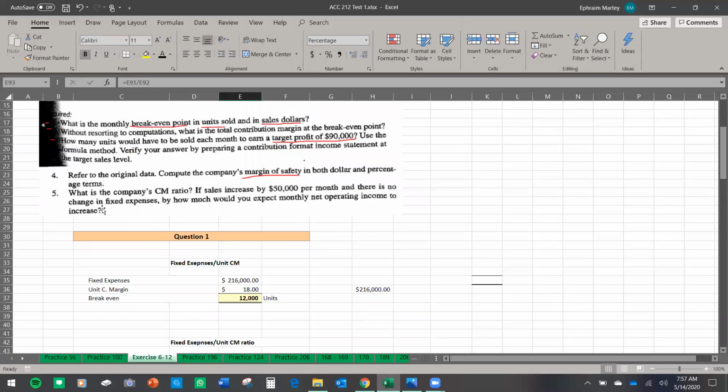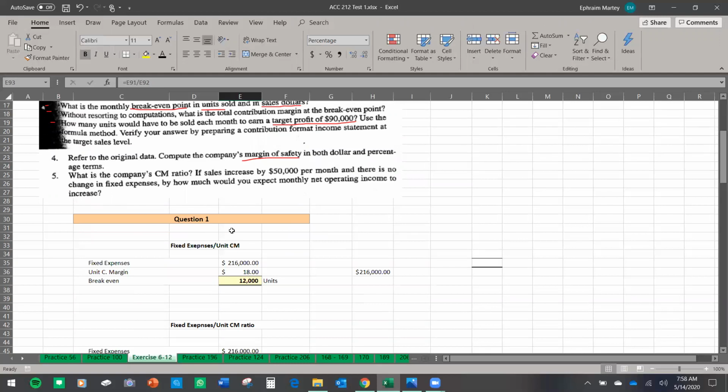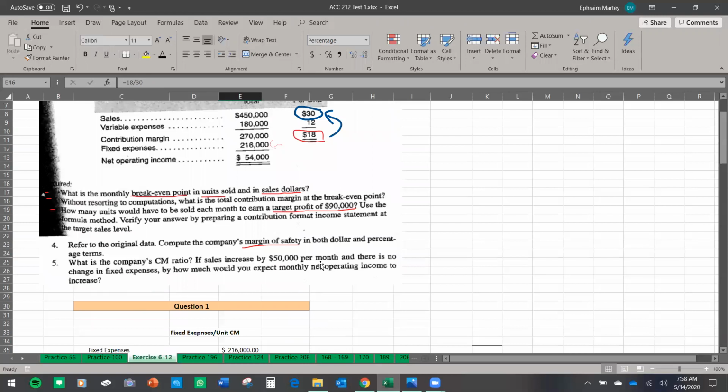What is our number 5? It says, what is the company's CM ratio if sales increase by 50,000? CM ratio is the percentage, and the percentage that we found was 60%. If nothing happens to variable costs, your percentage is going to stay the same.